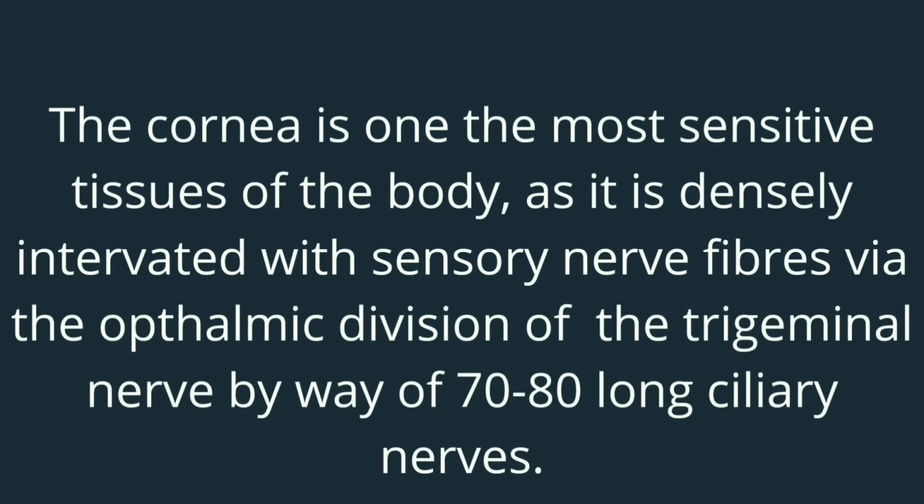The cornea is one of the most sensitive tissues of the body, as it is densely innervated with sensory nerve fibers via the ophthalmic division of the trigeminal nerve by way of 70 to 80 long ciliary nerves.